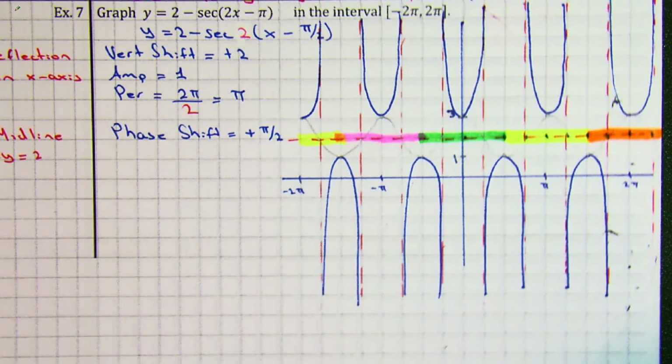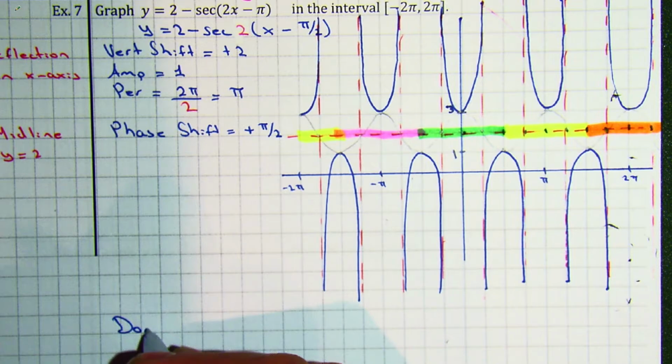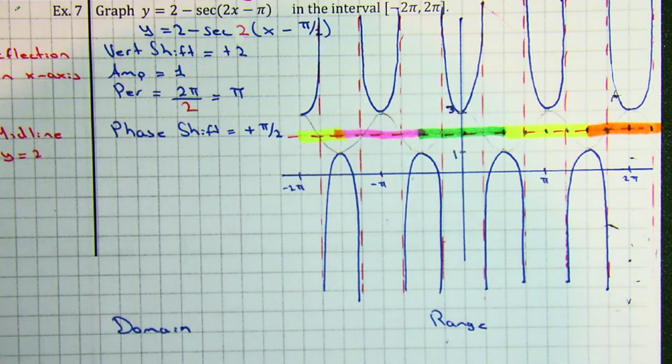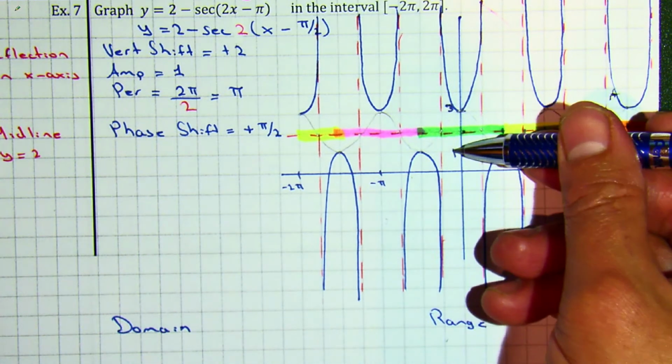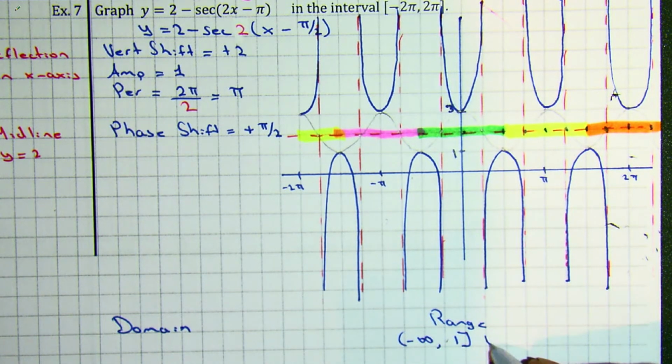Let's go and do our domain and range. The range is a little bit easier. It's from negative infinity all the way up to 1, union from 3 all the way up to positive infinity.